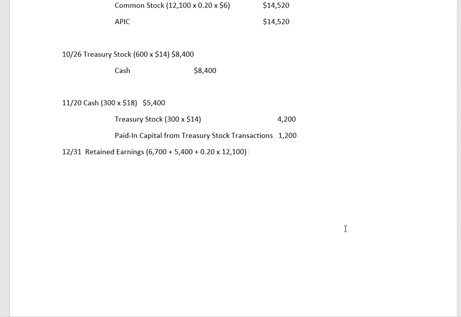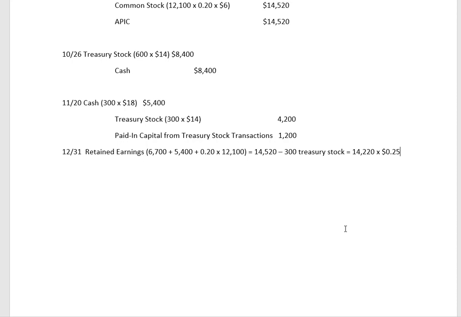So 14,520 shares less the 300 that we still have in treasury stock. So now we have 14,220 shares. Now we have to pay a dividend of 25 cents per share.